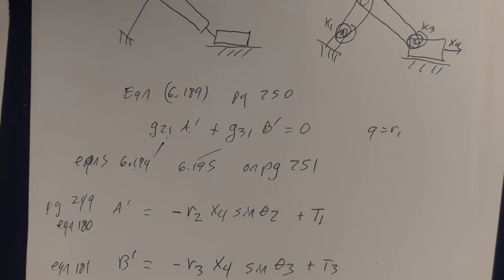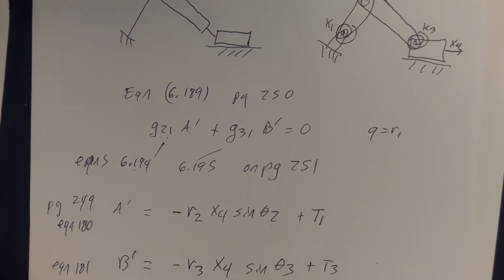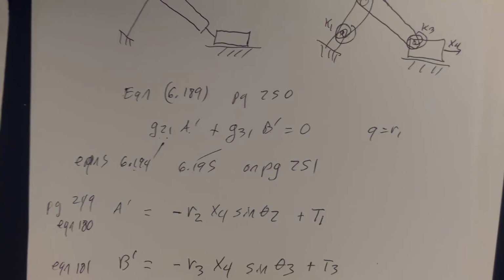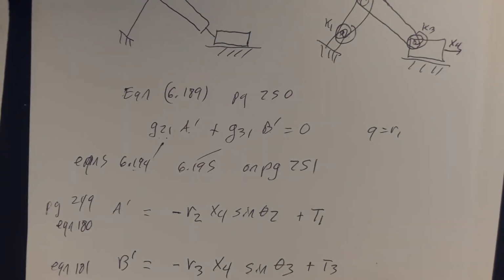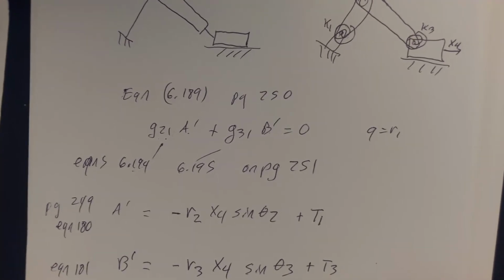And then we can just substitute those into the equations. Okay, and so we're going to have G21. I can just leave it as G21 for now, times minus R2 x4 sine theta 2 plus T1. And then I'm going to have plus G31 times minus R3 x4 sine theta 3 plus T3.